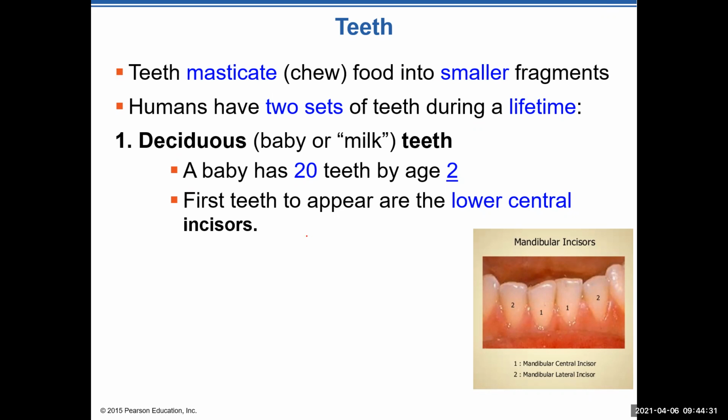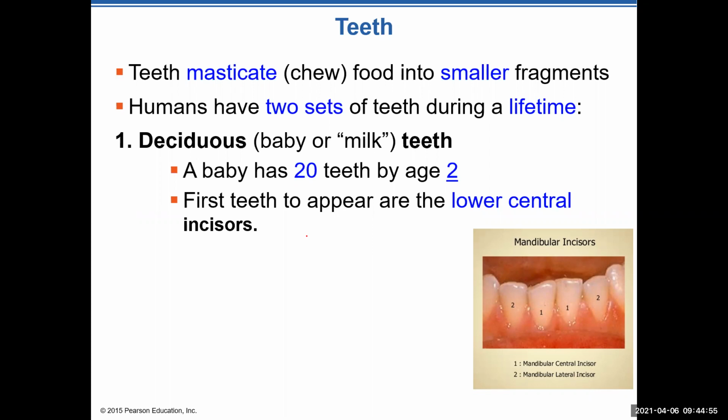So teeth are there to masticate the food, as you know, right? It helps in breaking the food into smaller particles so that the surface area of the particles will increase, and the enzymes can start acting on these smaller food particles. And that is very, very important.